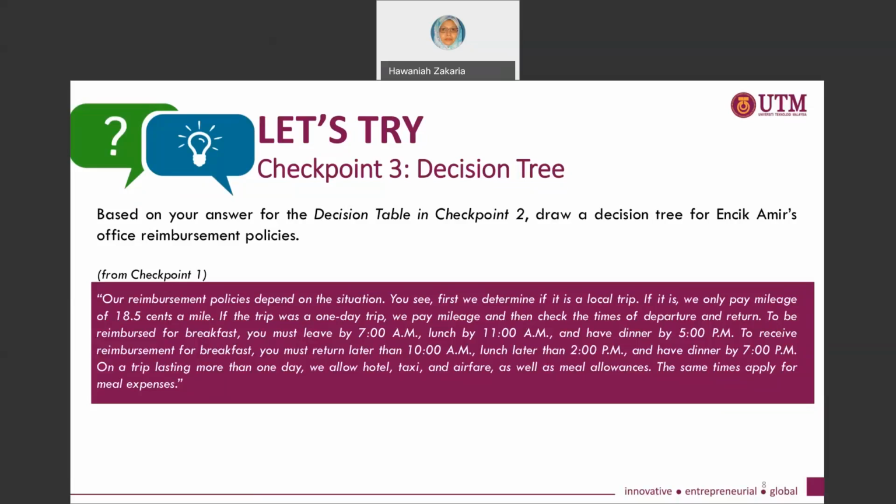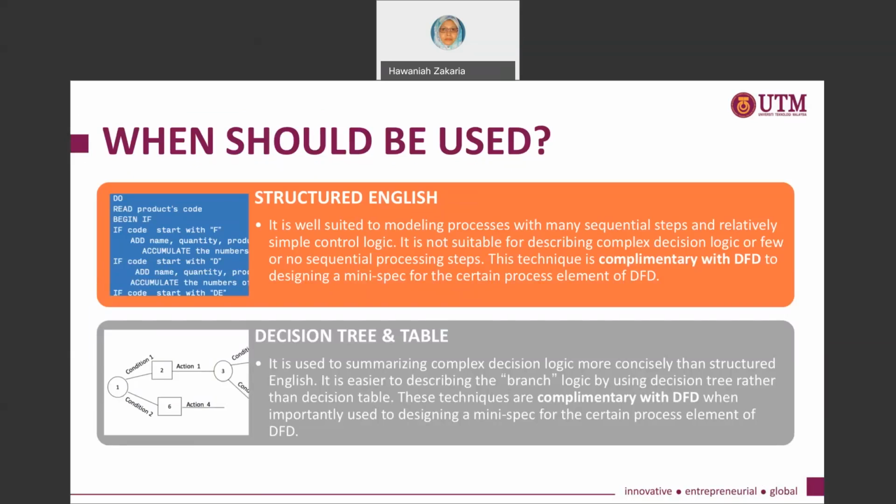Right. So, we have seen three different methods of presenting process specification: structured English, decision tree, and decision table. Basically, from what I have mentioned in the previous video and this particular video, we can make some conclusion in terms of when to use what.